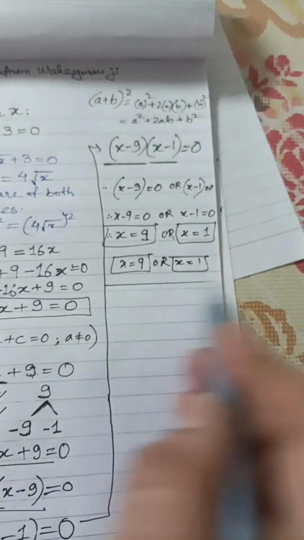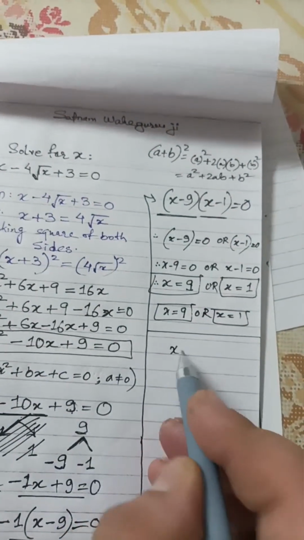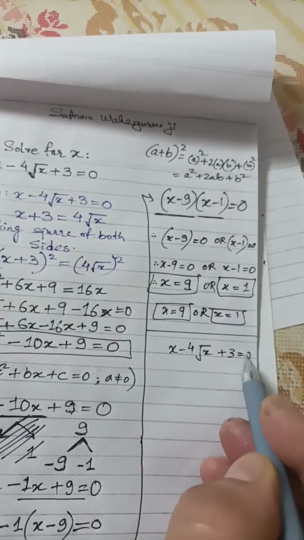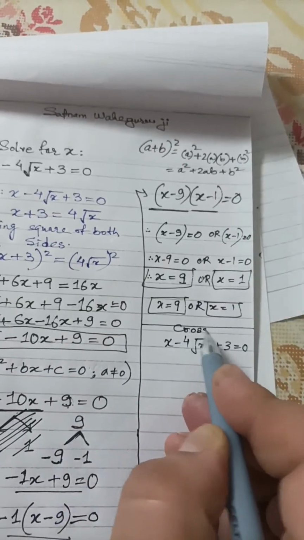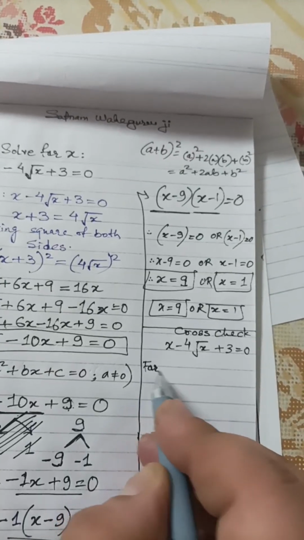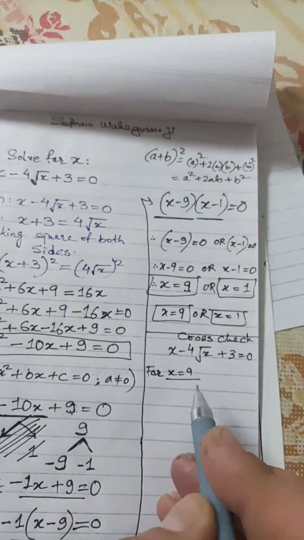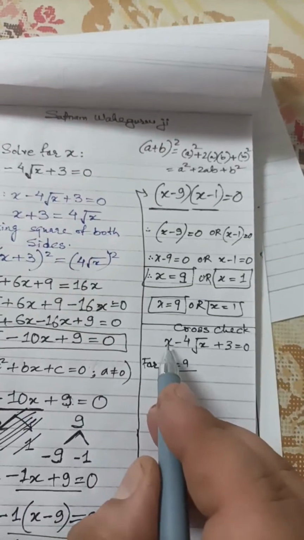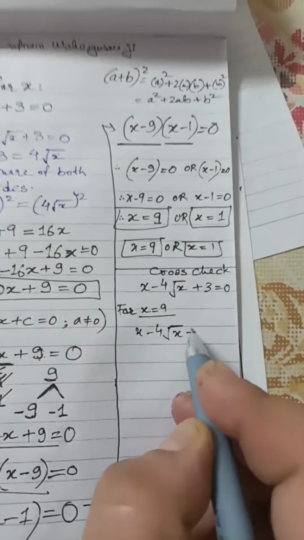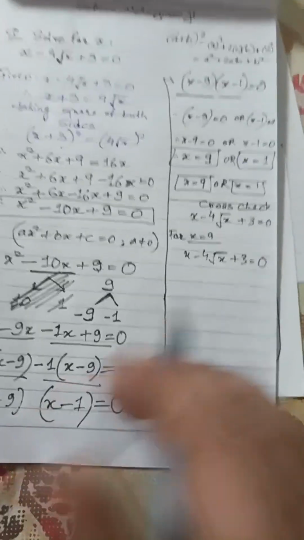You may cross check with our original equation, x minus 4 root x plus 3 equals 0. Let's do the cross check. First we will do it for x equal to 9.